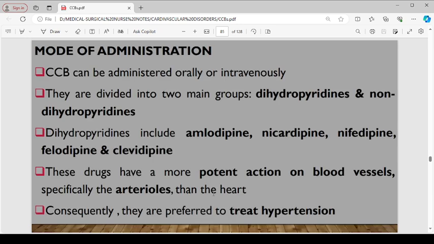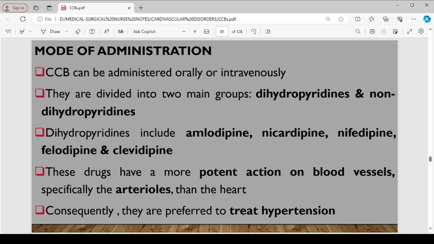Okay? All right, guys. In terms of administration, these drugs can be administered either orally or intravenously. And these drugs can also be grouped into two different groups. We have those that we refer to as the dihydropyridines and the non-dihydropyridines.